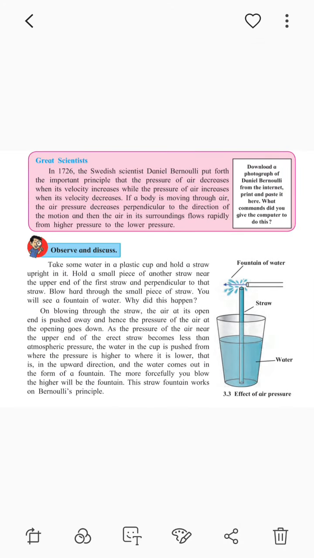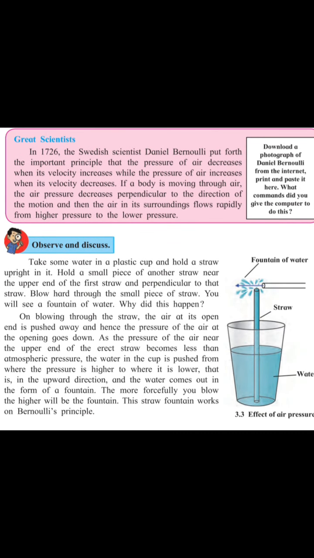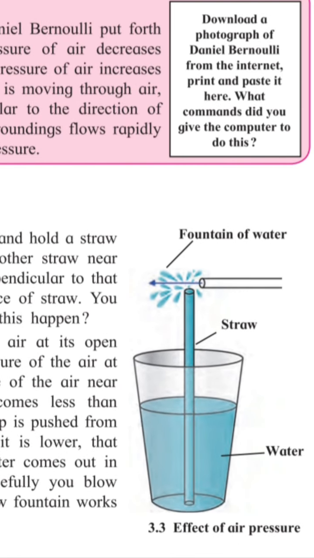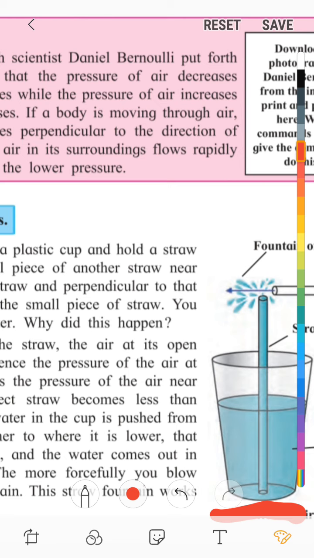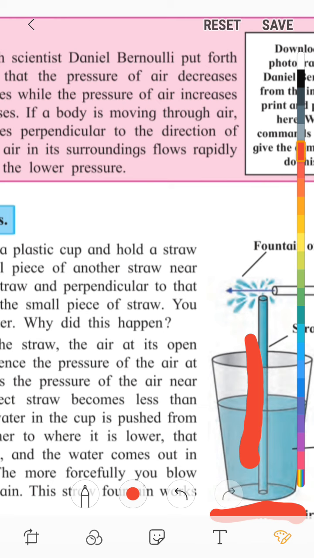Now we are going to see the next experiment. Here we have to see the effect of the air pressure. Take some water in a plastic cup, and hold a straw upright in it.